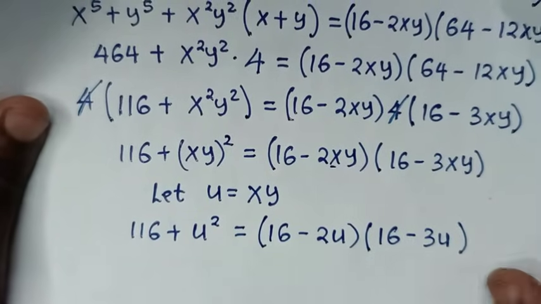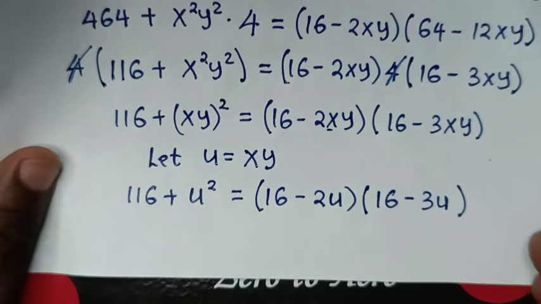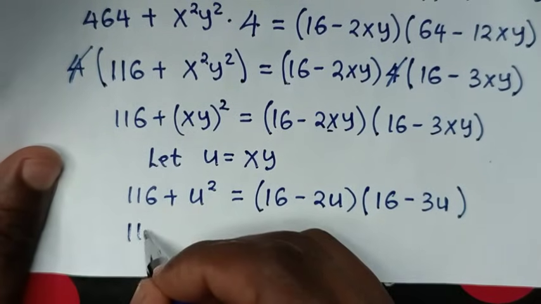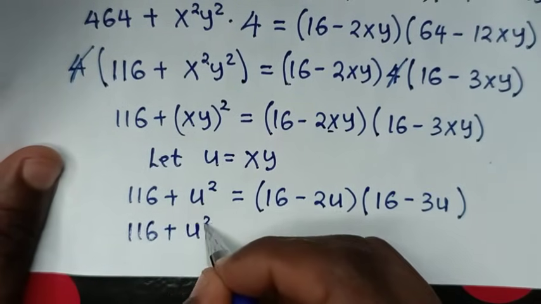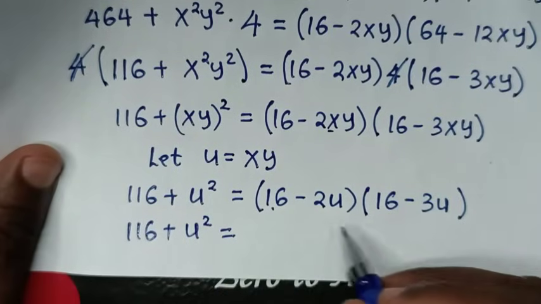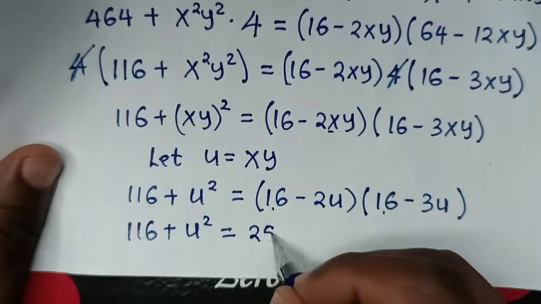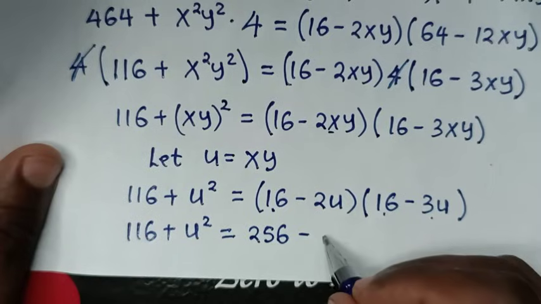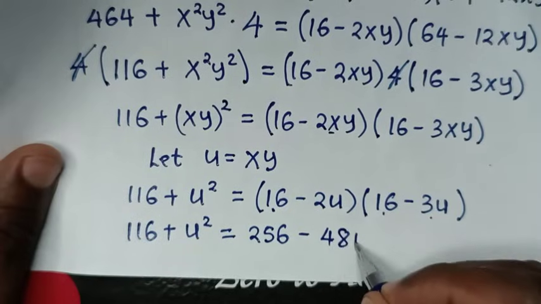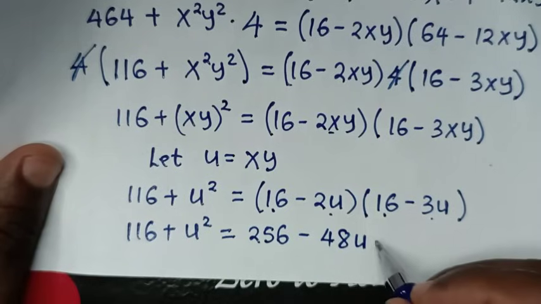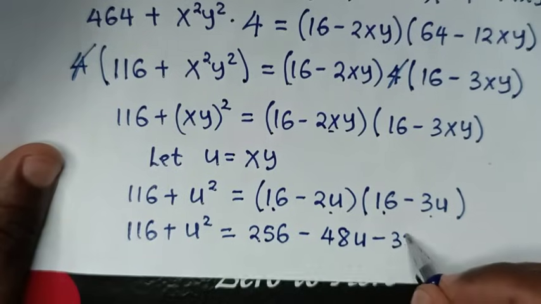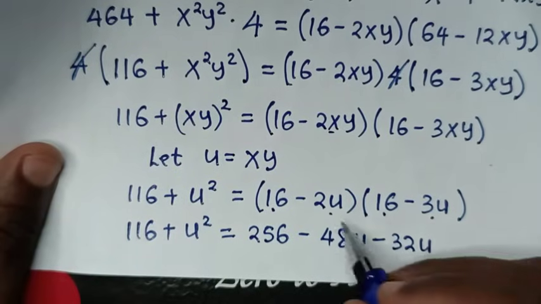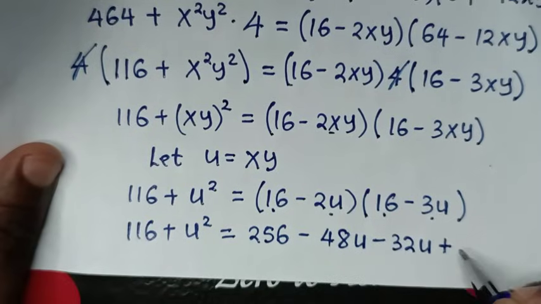Then in the next step, 16 plus u squared is equal to this times this is 256, this times this is negative 48u, this times this is minus 32u, this times this is plus 6u squared.